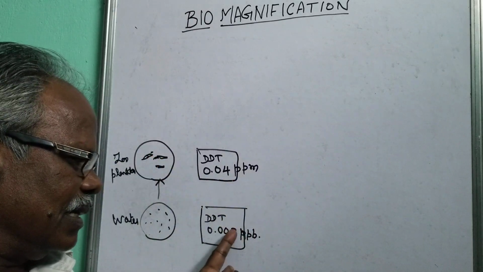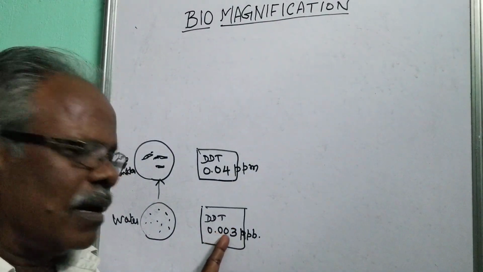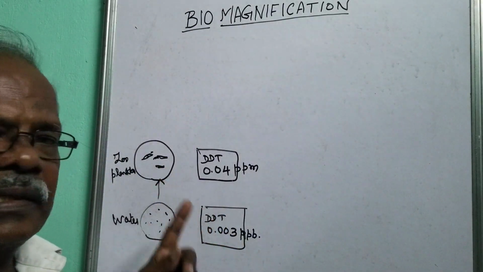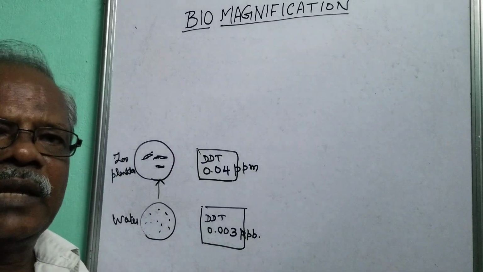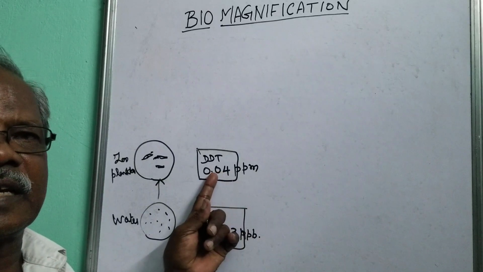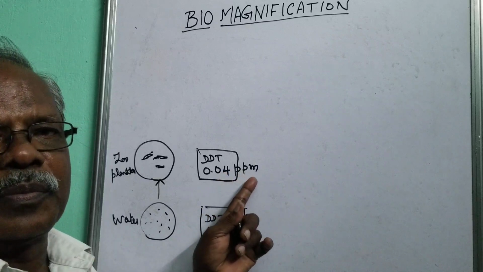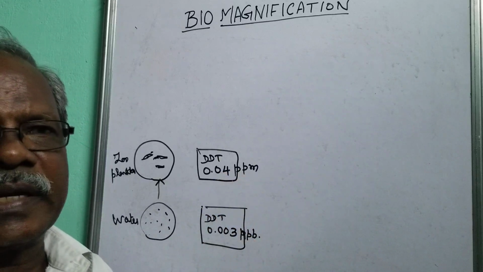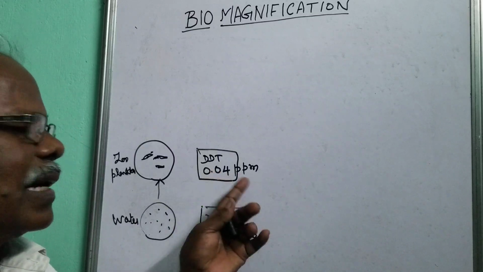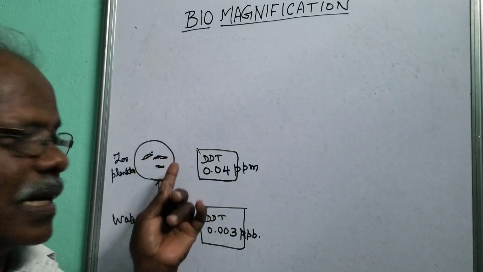In the water, the level of DDT is less, that is 0.003 parts per billion. But in the zooplankton, since it lives in the water, the DDT concentration is much higher, that is 0.04 ppm, parts per million. That is, 1 liter of water divided into milliliters, the concentration is 0.04 milliliter.